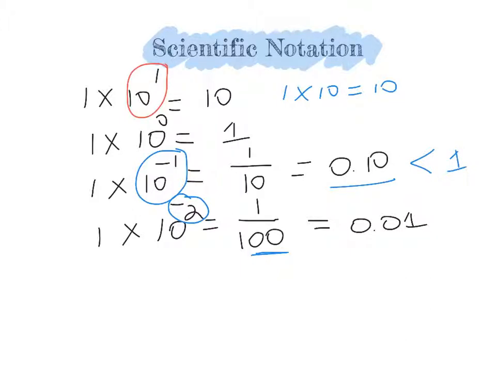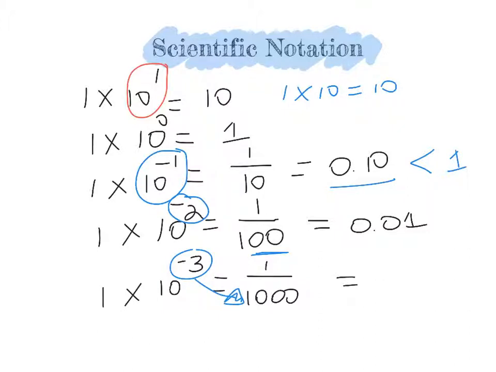Let's try one more just to get the idea in your head. 1 times 10 to the power of negative 3. We would write this as 1 over 1,000 because we have 3, and this is our 3 zeros, equals 0.001.